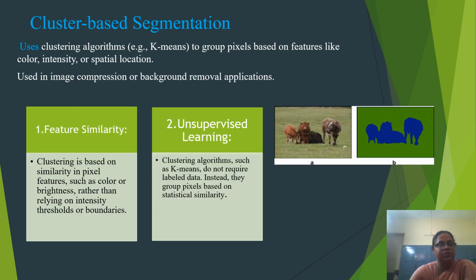Cluster-based segmentation uses clustering algorithms like K-means to group pixels based on features like color, intensity, or spatial location. The key characteristics are feature similarity and supervised or unsupervised learning.